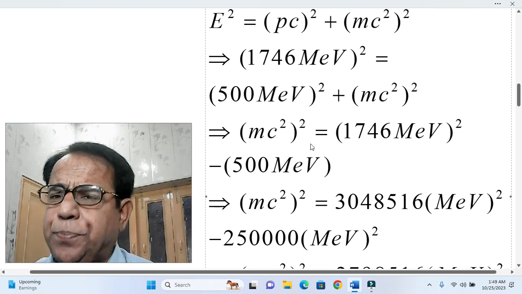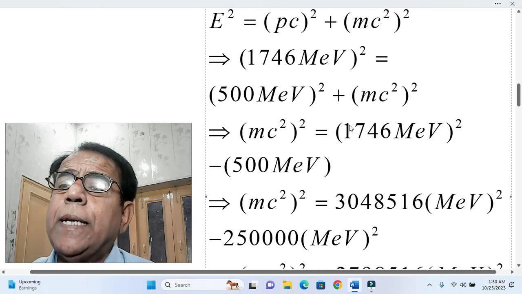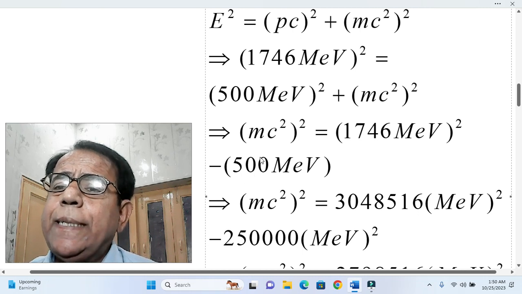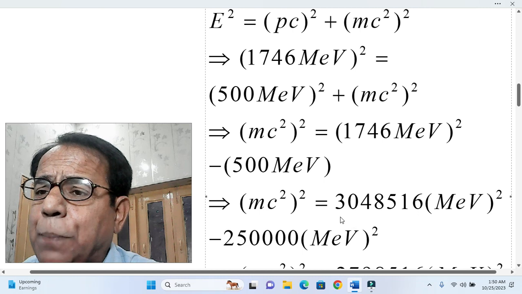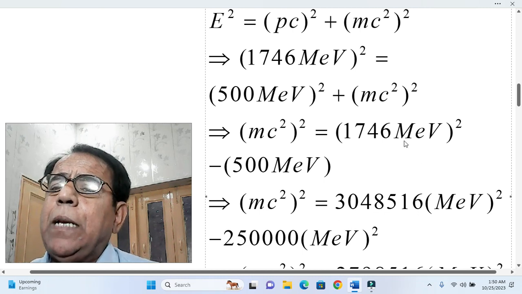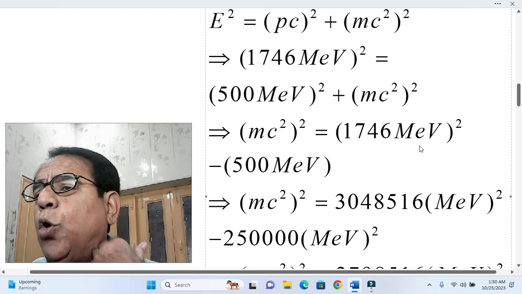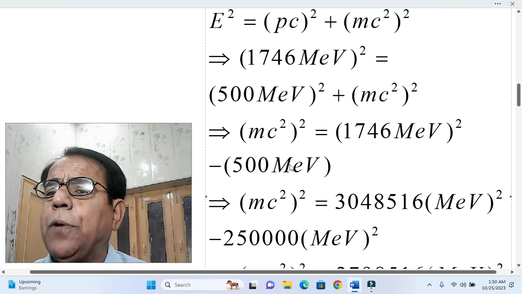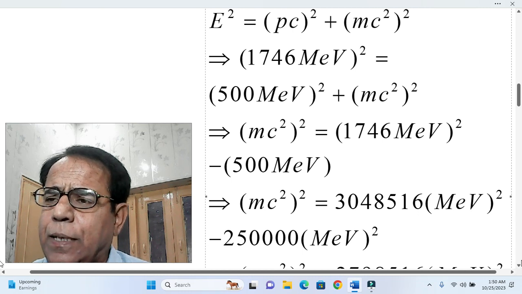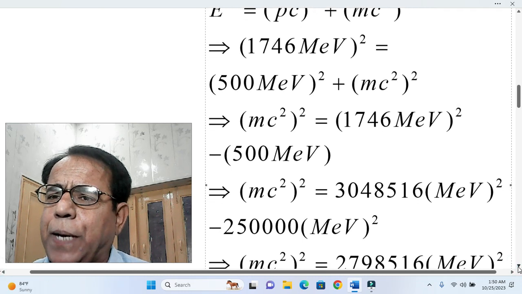Okay, dear students, the square of 1746 plus the square of 500 is added and it has become equal to 3048516, while (million electron volt) whole square is common for both, and hence it is written separately within a bracket.